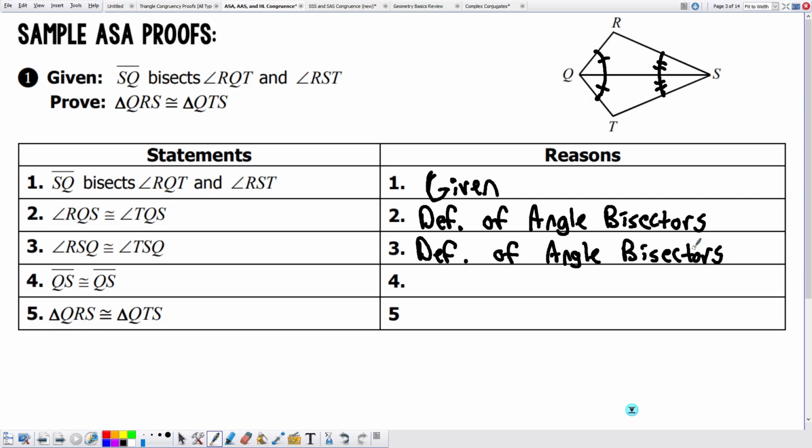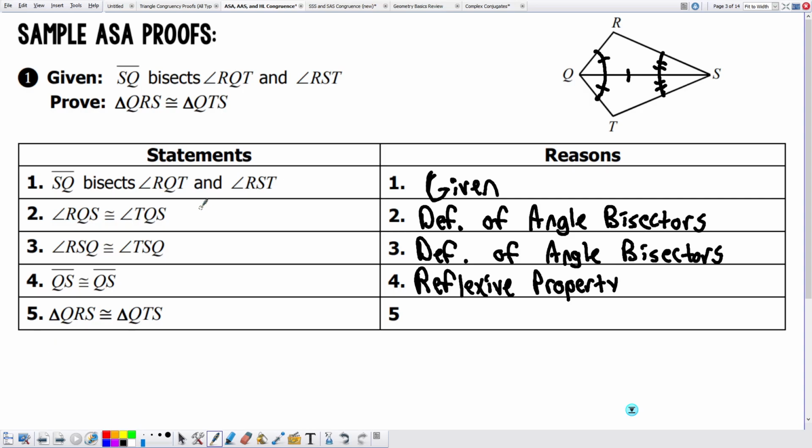We have that QS is congruent to QS. That's kind of our reflexive property. Hopefully we're used to that by now. And then finally we can show that we have triangle QRS is congruent to triangle QTS.